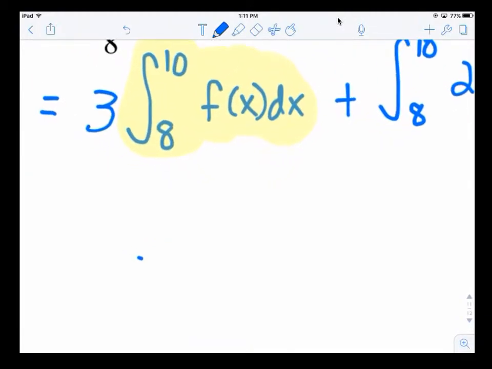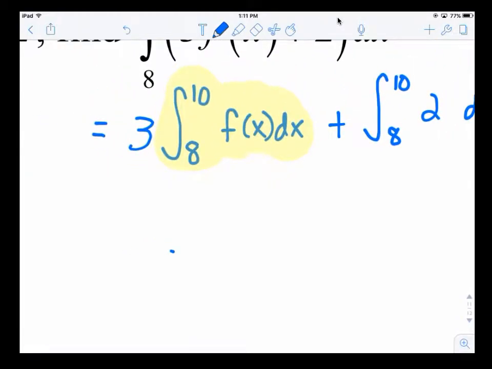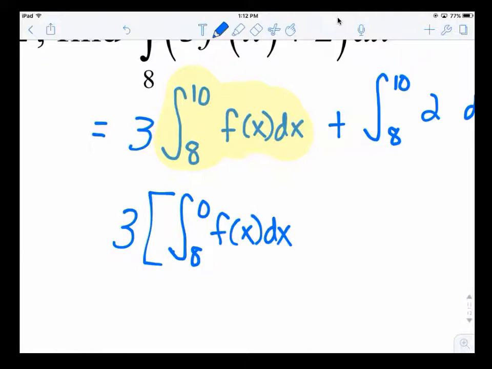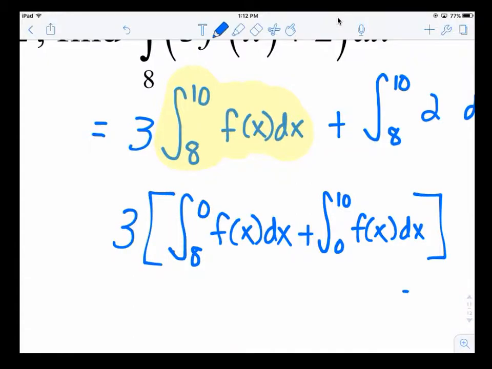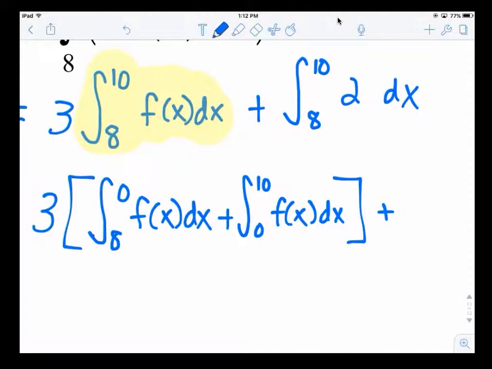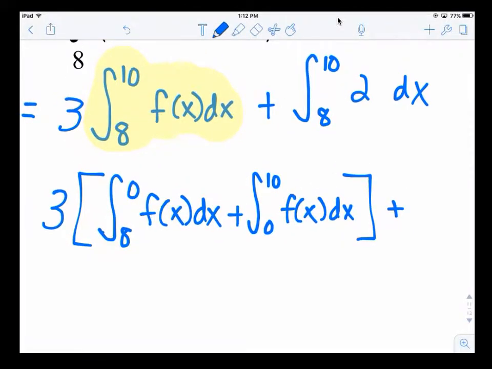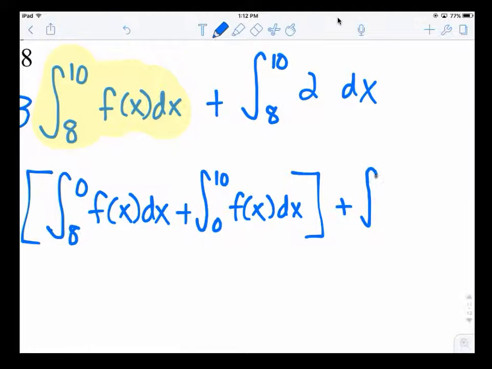All right, so I can split this up so that I have 8 to 0 of f of x plus 0 to 10, so 8 to 10 of 2.